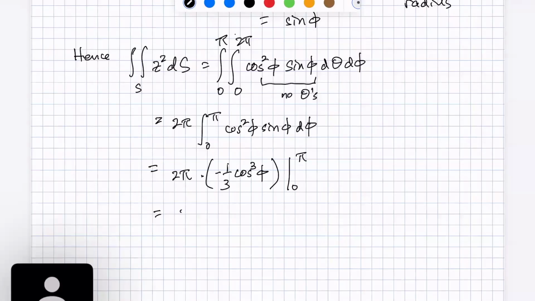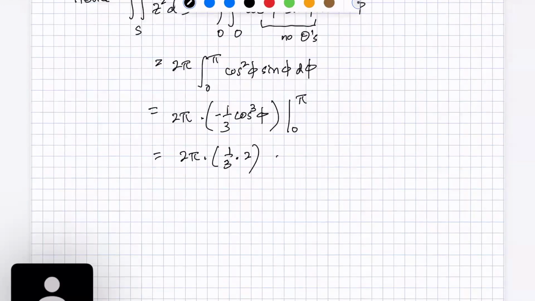And when you plug that in, it's going to be 1/3 times 2, after all the negatives are accounted for, so you get 4 pi over 3.